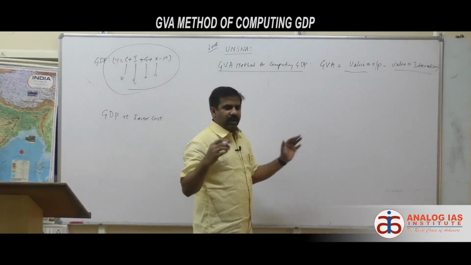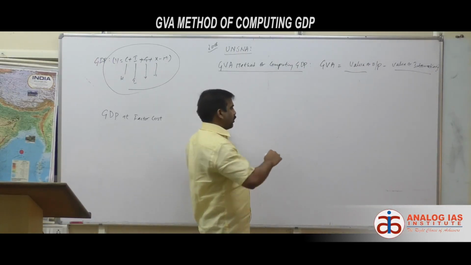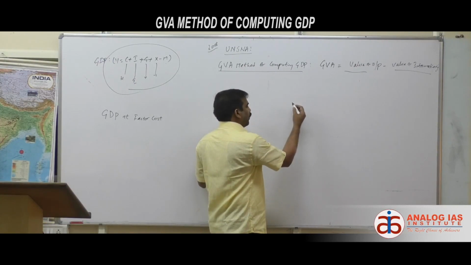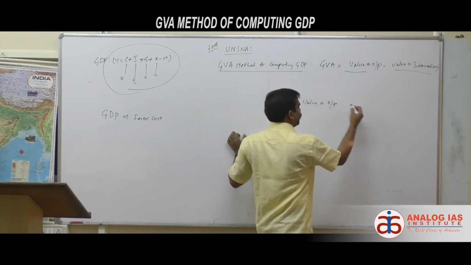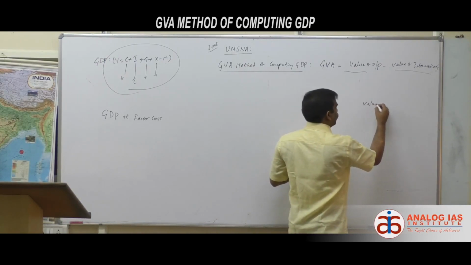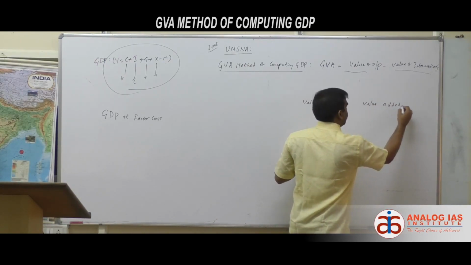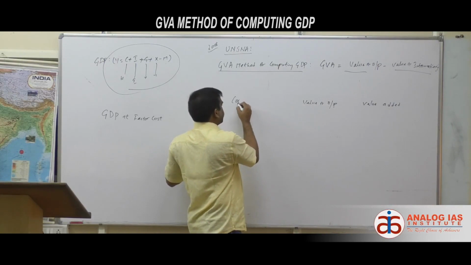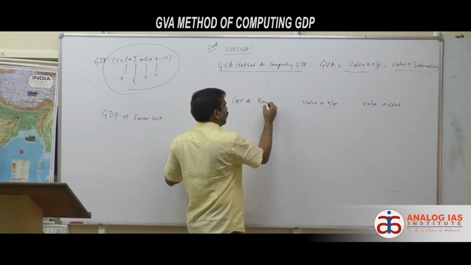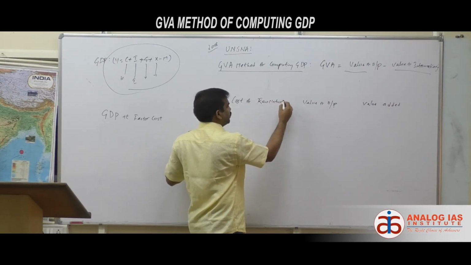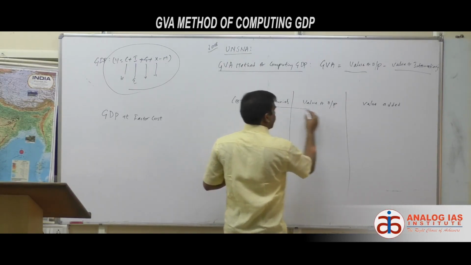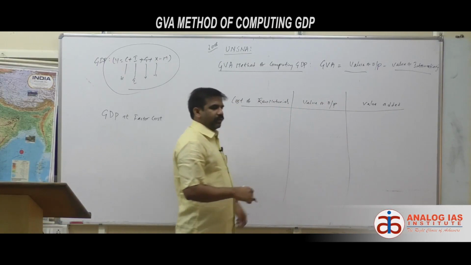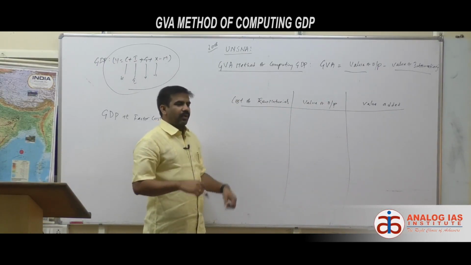So just imagine, my dear friends, I'll give an example. I'll take the value of output, value added, and the cost of raw materials. I'm just letting you understand the basic difference between value added and the value of output.